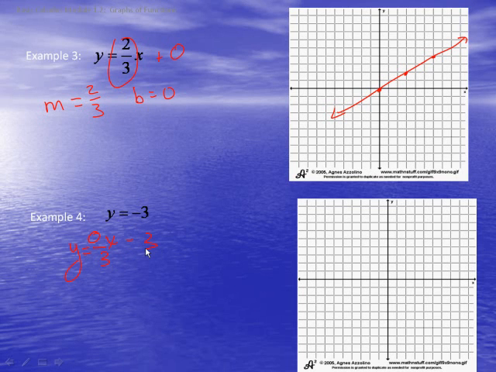So notice my slope would be equal to 0, or 0 over 3, or 0 over 4, or whatever we wanted to use, and my b would be equal to -3. So here, I'm going to put -3 here, and I'm going to rise 0 and run 3. Rise 0 and run 3. So you can see it doesn't matter what number we're going to use. And this one is a horizontal line.